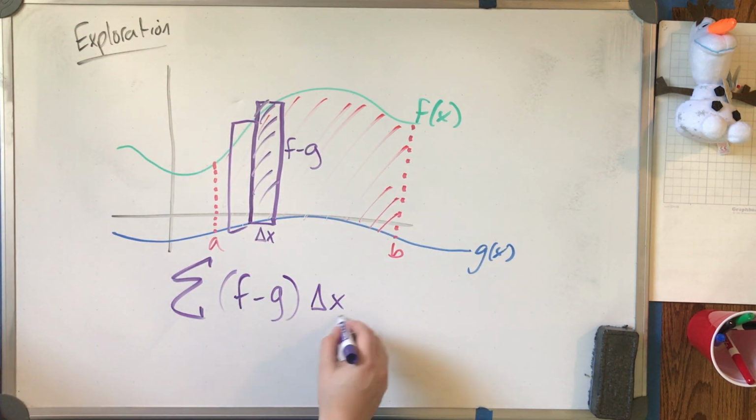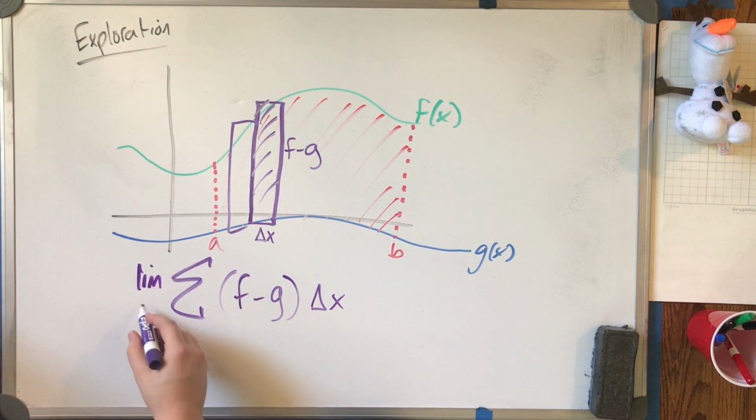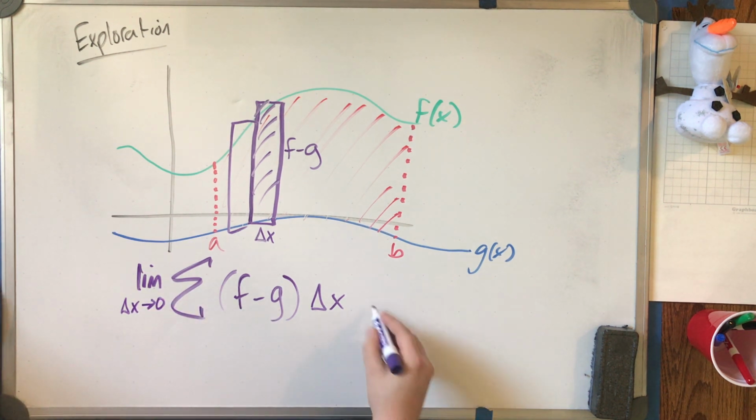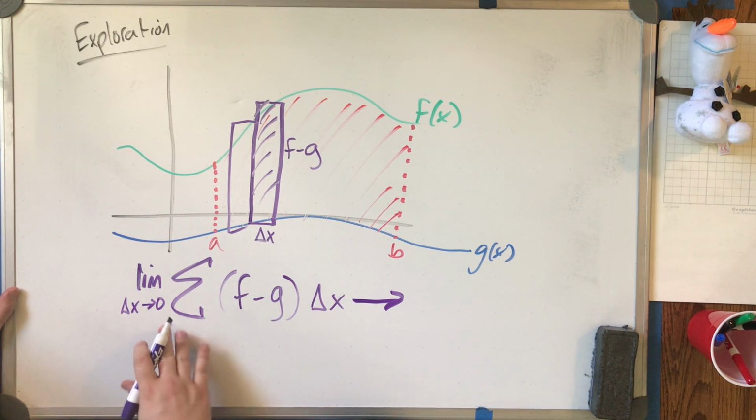Now, if I start letting this delta x value approach 0, which is when we put a little limit in front of this and we say, hey, let's let delta x approach 0, this brings us to the real definition that we're used to, which is, remember that sums are really integrals.